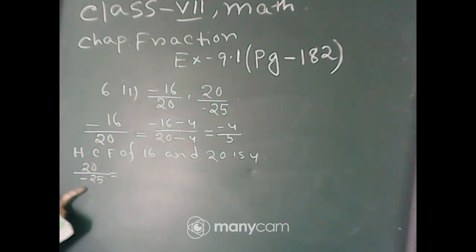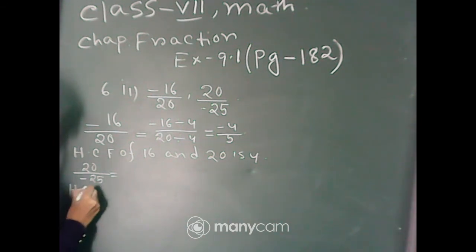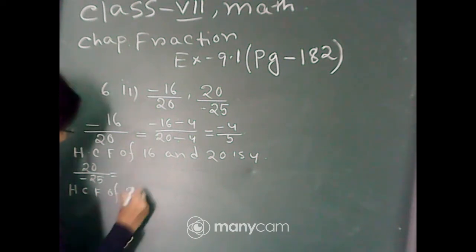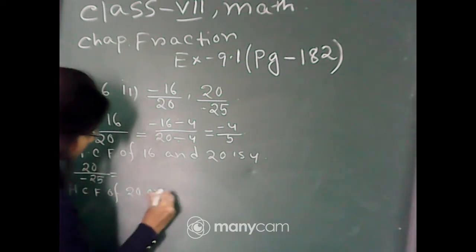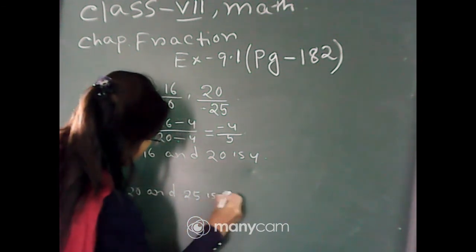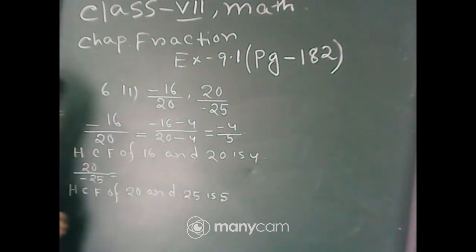Here the denominator is negative and the HCF of 20 and 25 is 5, isn't it?